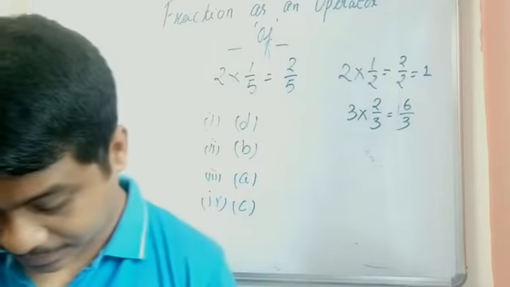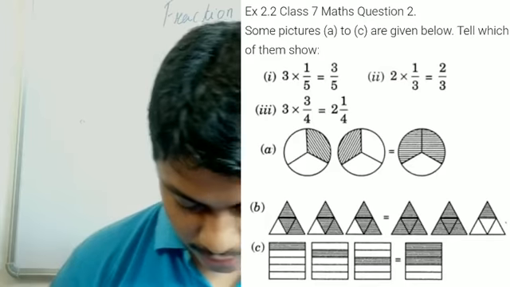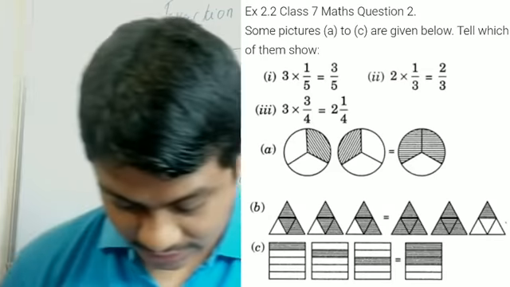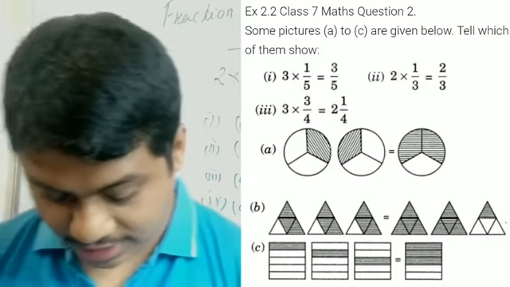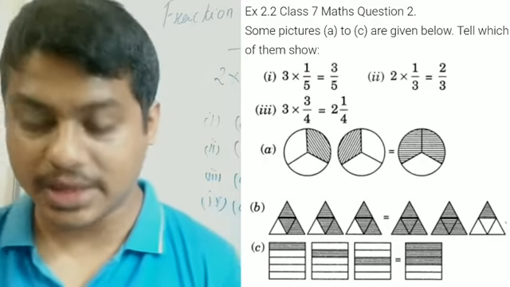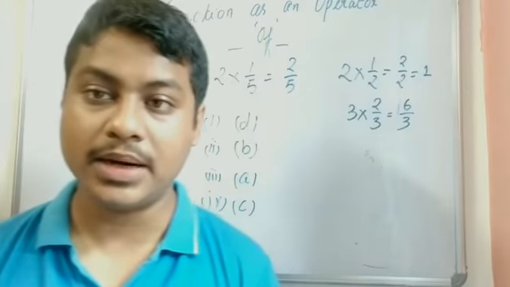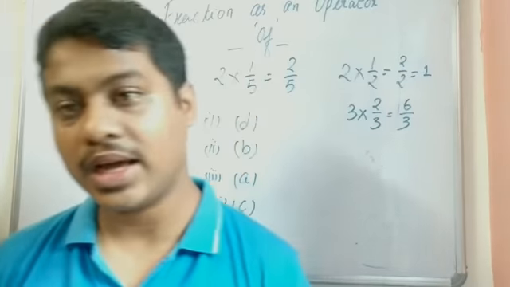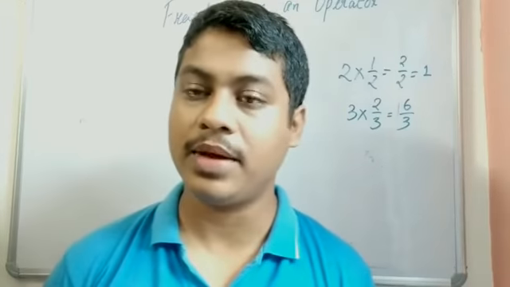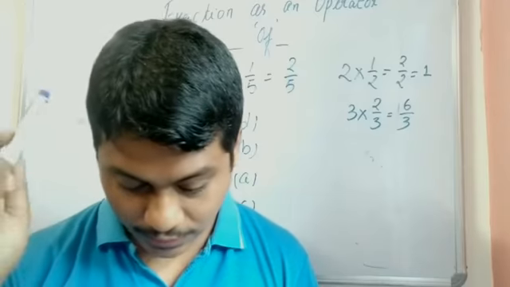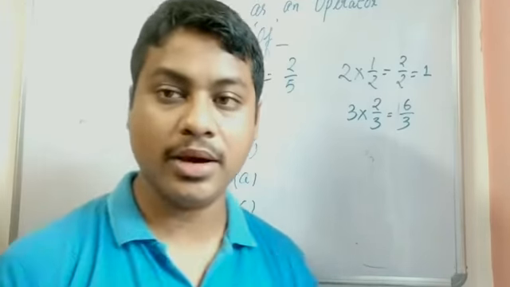A, B, C. If you see here, figure number C: there is an object divided into 5 parts. The first one is 1 by 5, the second is also 1 by 5, the third one is also 1 by 5. That means we can write it as 3 into 1 by 5. So the first option will be representing your C.